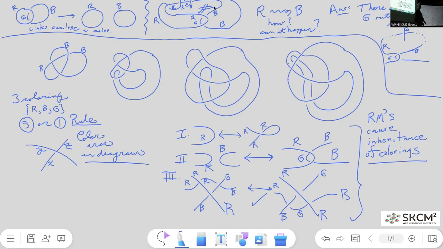The argument is very simple: if we have one component, then in order to lose a color under the 2 move, you would have to change one color to another color by that color, and that color must be somewhere else.